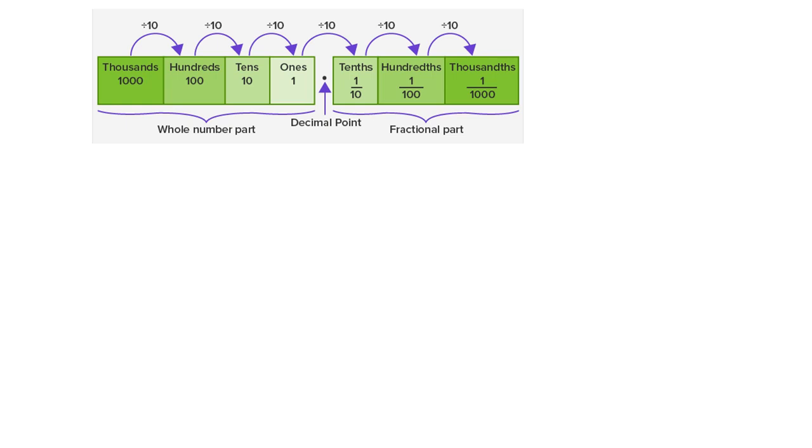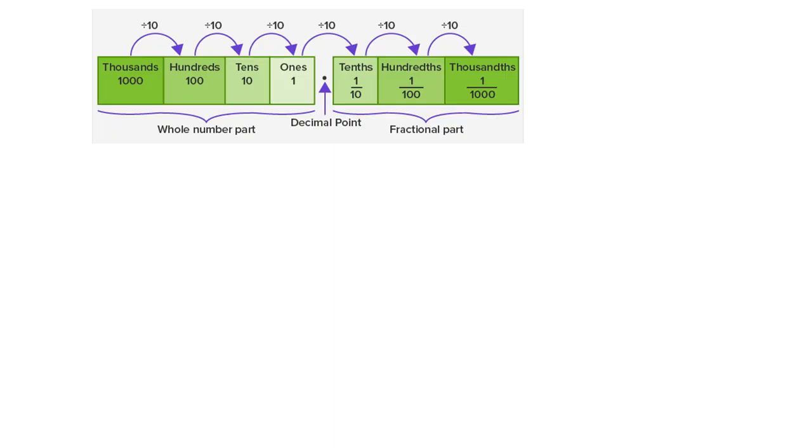This is the place value chart of a decimal number. See, in the center one decimal point is there, and to its right tenth, hundredth and thousandth places, and on the left hand side ones, tens, hundreds, thousands like these.